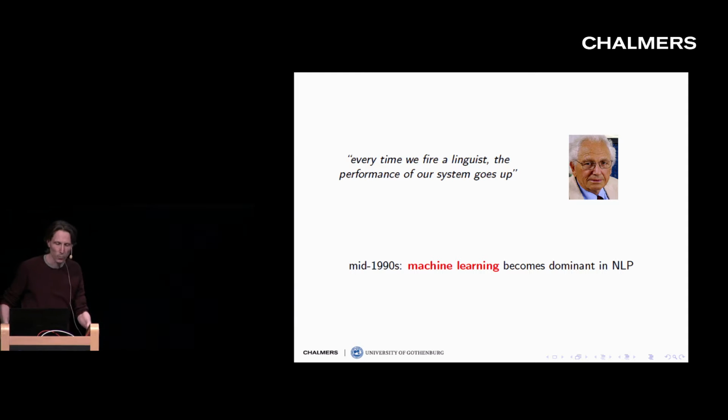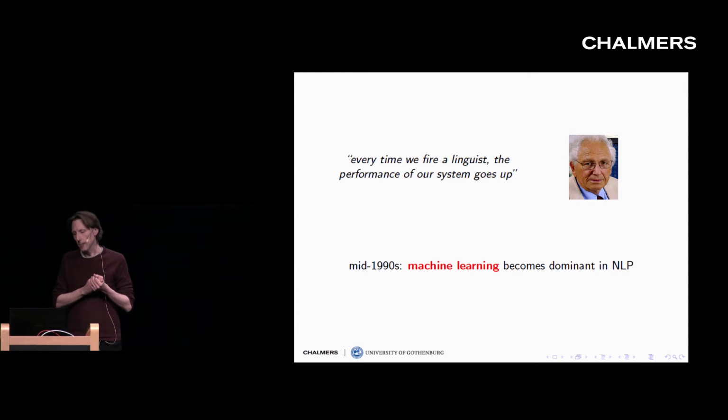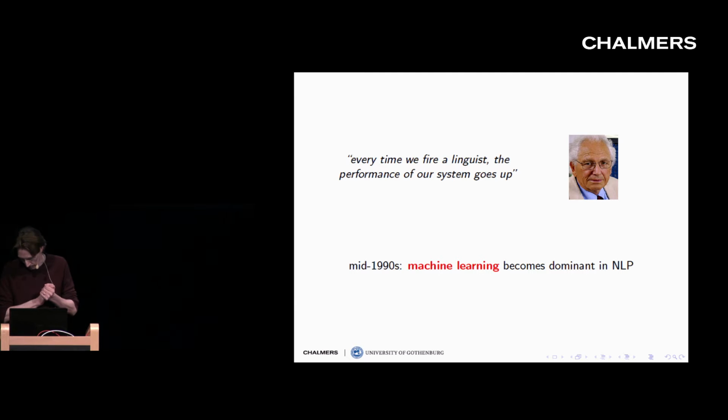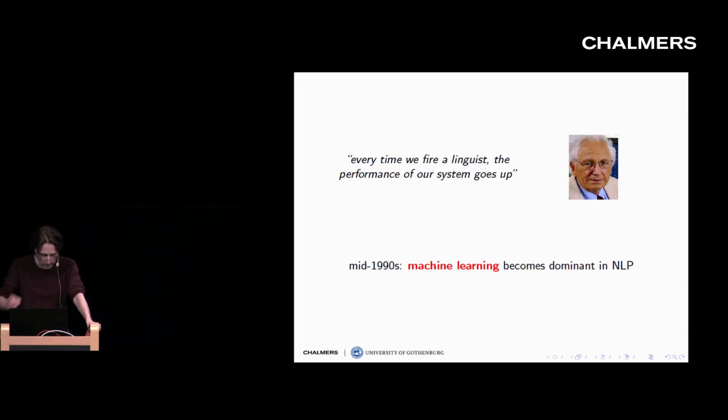But what happened was that the field of language processing was infected by the data virus. I mean, the vector was speech recognition, and from this field, language processing was infected by this virus, and by the mid-90s, it had taken over.